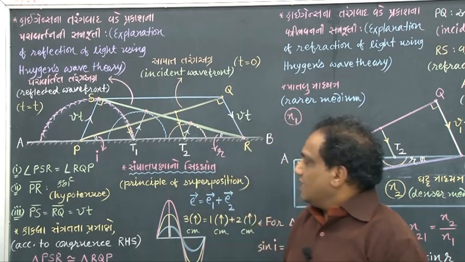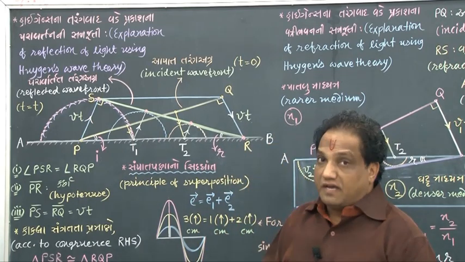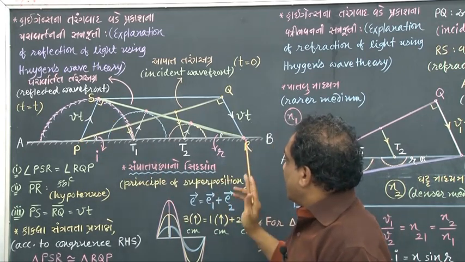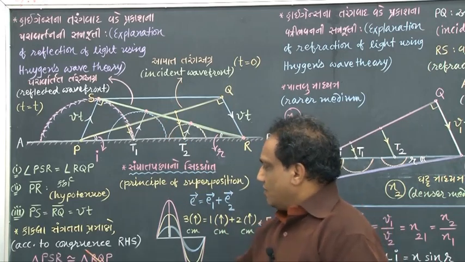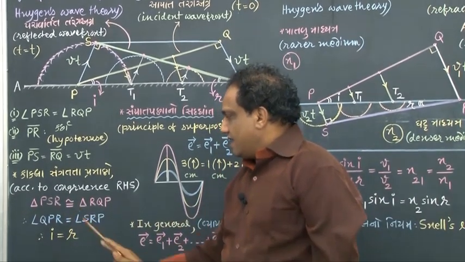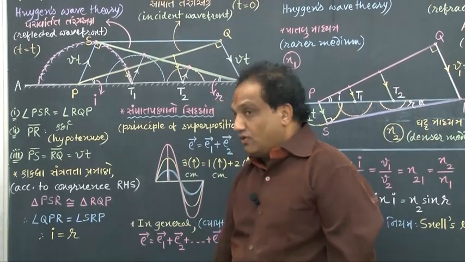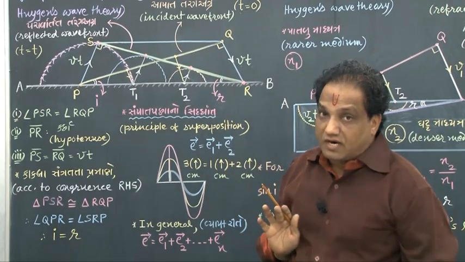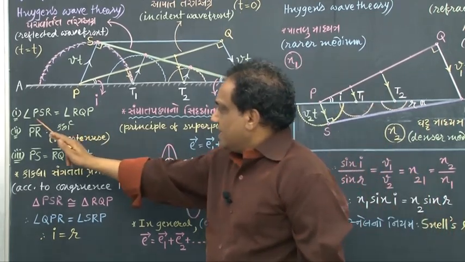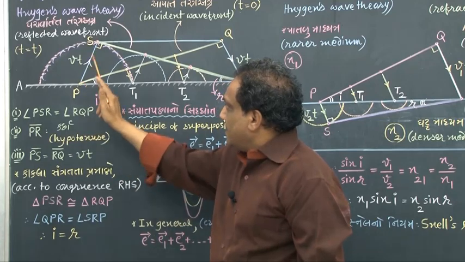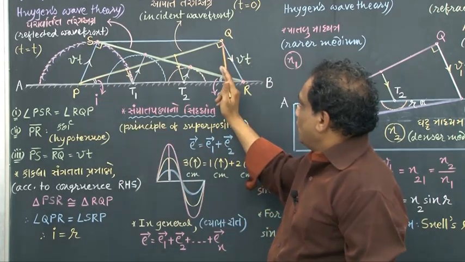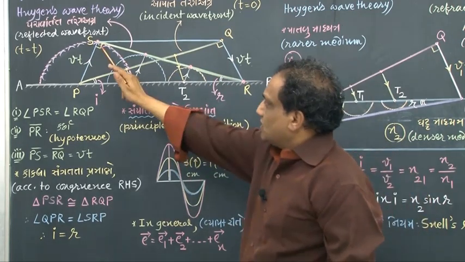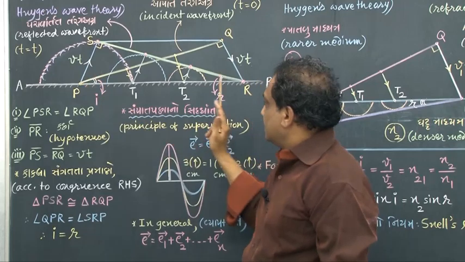Now tell me, if you compare two triangles, which two triangles? Triangle PSR and triangle RQP. Then you will notice that angle PSR and angle RQP are equal because they both are right angles. Moreover, opposite to the right angle will be the hypotenuse.